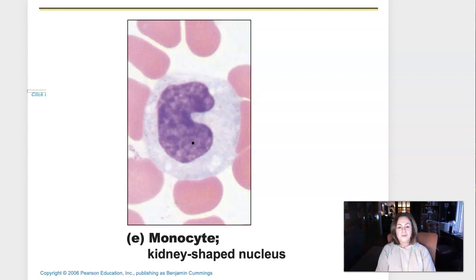And what monocytes do is similar to neutrophils in that they're phagocytic cells, but the monocyte differs in that it will go into the circulation, stay there only for about a day, enter into one of our organs, enter into a tissue, and live out the rest of its life in that tissue.